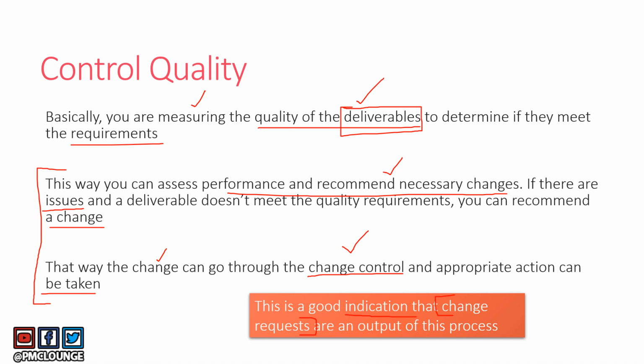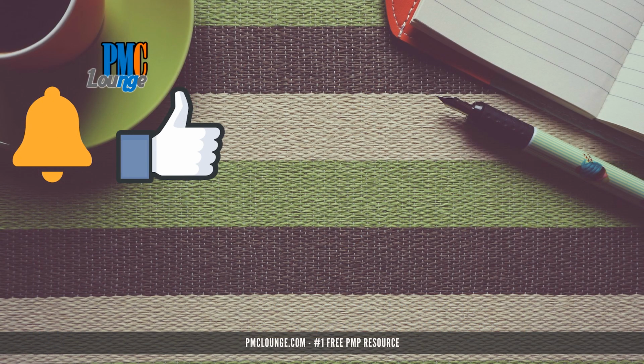ITTO is important, but it is not something which you would know and be able to clear the PMP exam with. That is not the intent of the PMP exam. So I hope that's clear. I hope with this study you were able to establish a relationship and you will be able to think through these processes to understand what their inputs could be, what their tools and techniques could be, and what their outputs could be. That's all that we had on this topic.